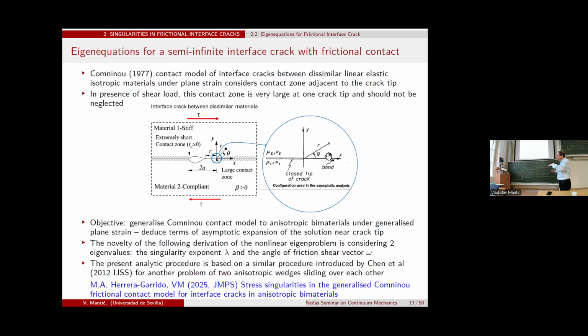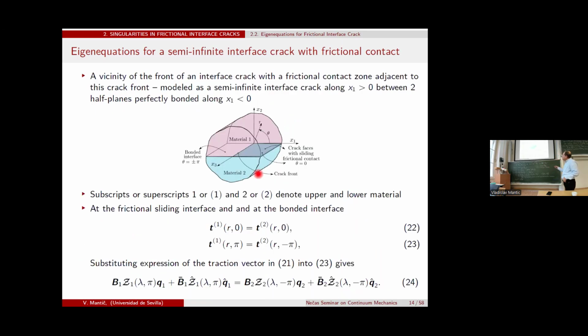He studied the problem of two anisotropic wedges sliding over each other, and we adapted and generalized this procedure to the present problem of the interface crack, and we published it just recently in the Journal of the Mechanics and Physics of Solids.